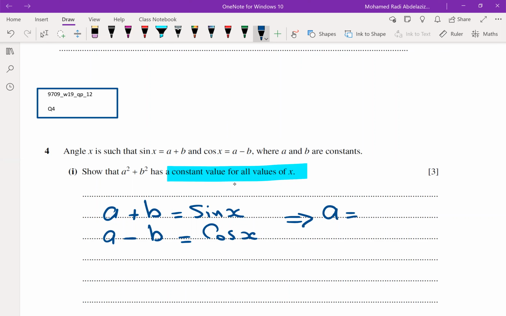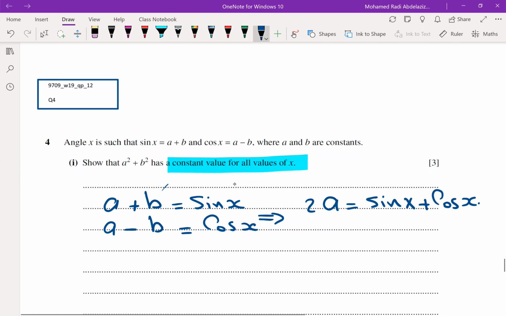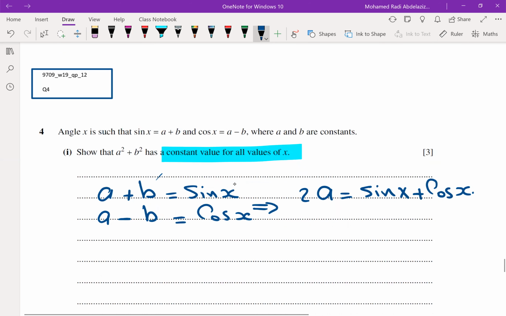By adding these two equations, you can get 2a. By adding, remove b and b, will be sine x plus cosine x. Then divide by 2. If you divide it by 2, you will get a is equal to half multiplied by sine x plus cosine x.